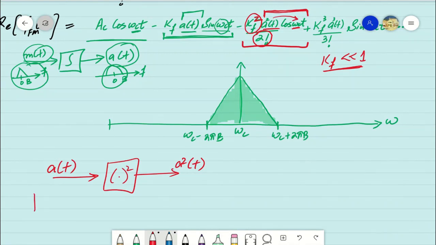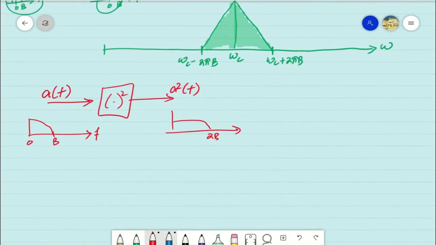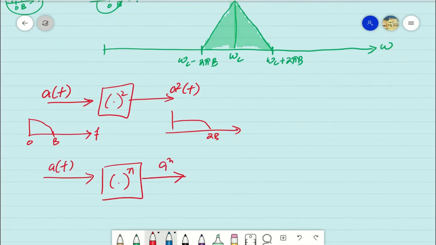If a was originally some signal which was b hertz band limited, then a square of t will be a 2b hertz band limited signal. If we pass this signal through a certain system which takes its power as n, for example, then we get a of t raised to the power n.